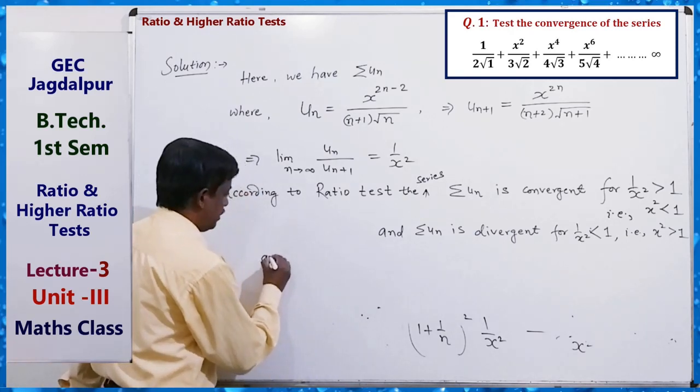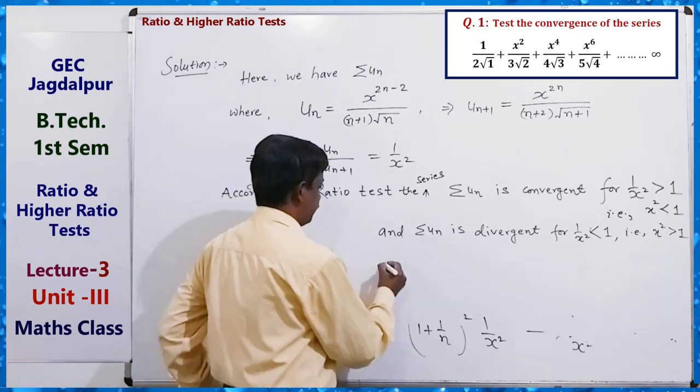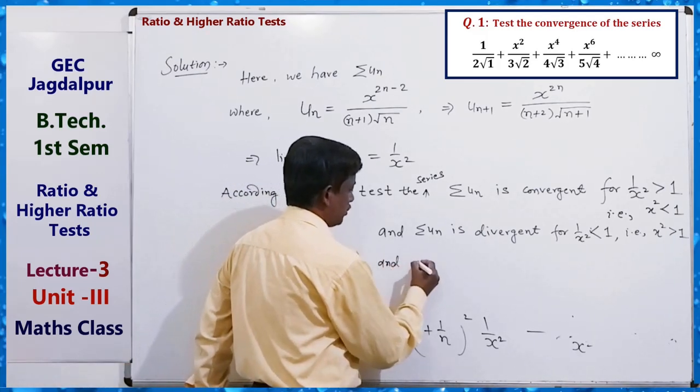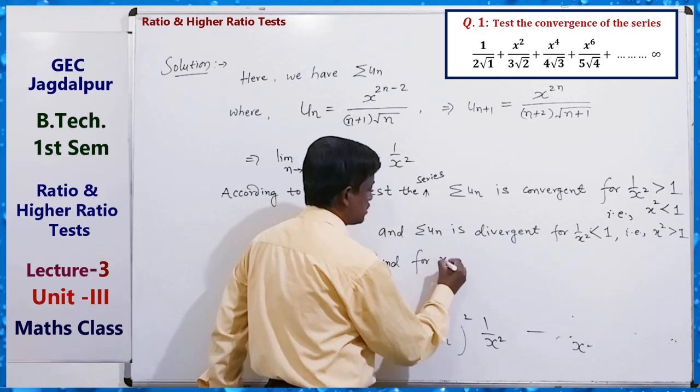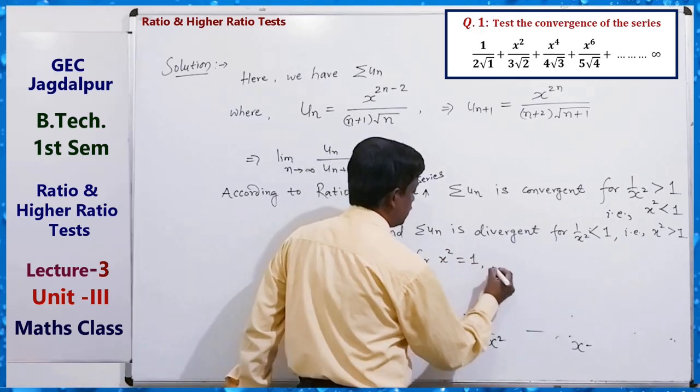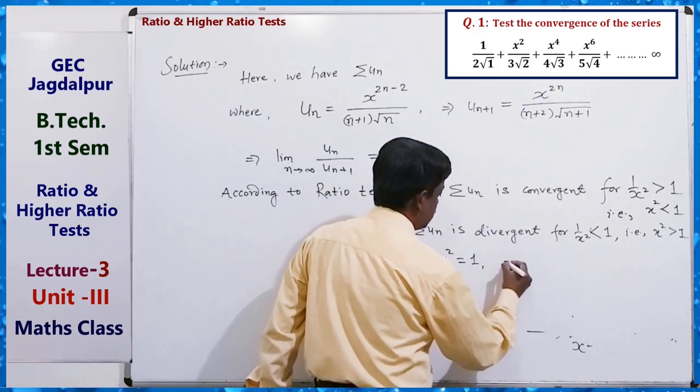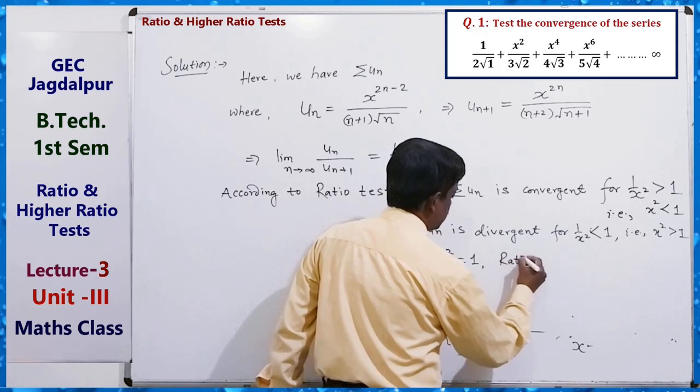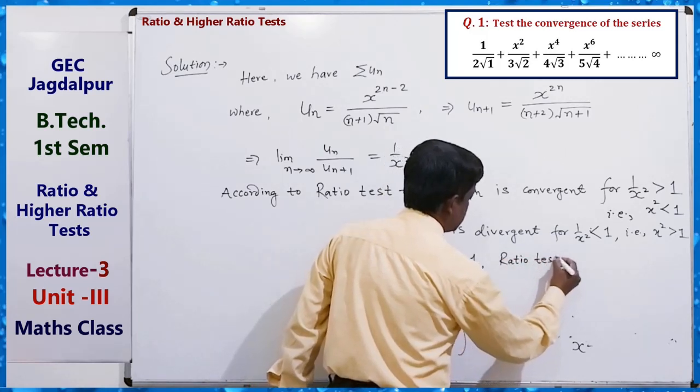And for x square equal to 1, ratio test fails.